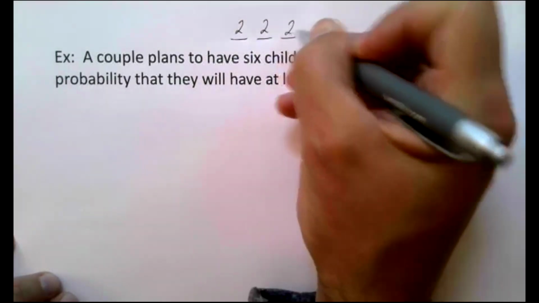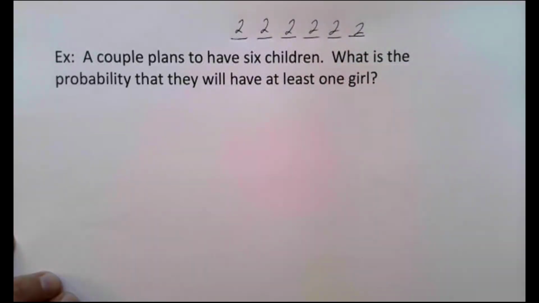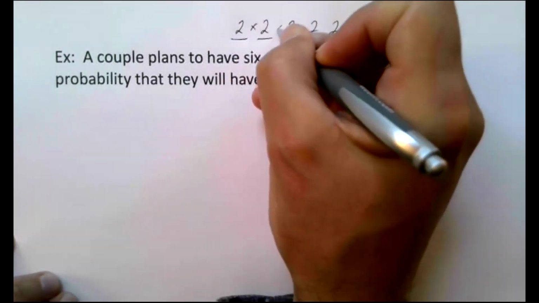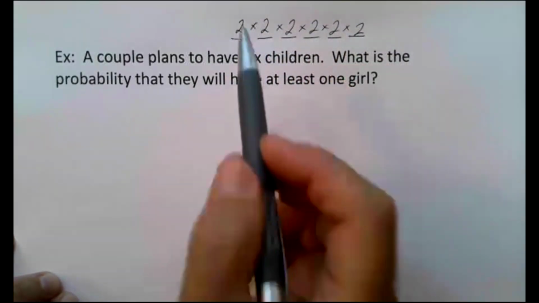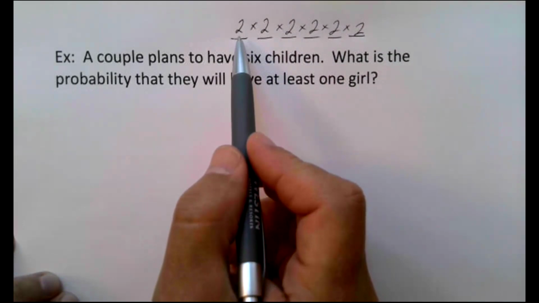But that's going to be true for each kid, right? The third kid, the fourth kid, the fifth kid, the sixth kid, each of them has 2 possibilities as far as what gender it might be. 2 genders, male and female. So there are 2 possibilities for the first kid, male or female, boy or girl.